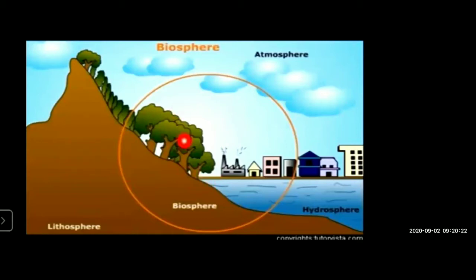Biosphere, the living things. Hydrosphere means water. And the last is atmosphere. So lithosphere is land, biosphere is living things, hydrosphere is water, atmosphere is the air. These spheres are so connected to each other that a change in one sphere often results in changes in one or more other spheres.